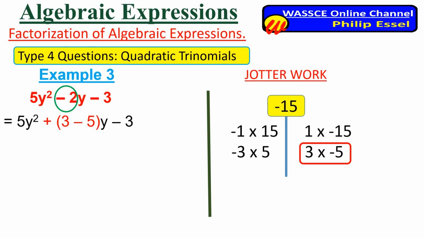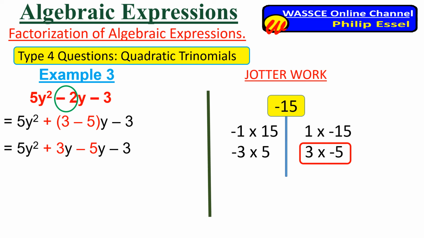At this point, we are going to expand in order to remove the bracket. And when we do this, we are going to get 5y squared plus 3y minus 5y minus 3. So we've been able to convert a 3-term expression into a 4-term expression.